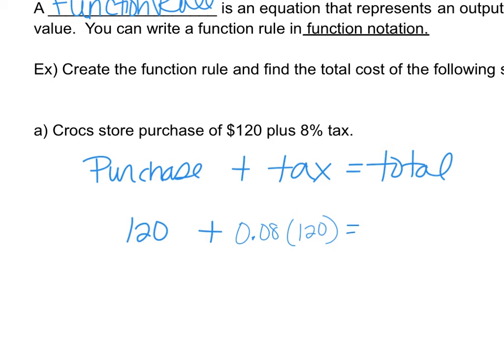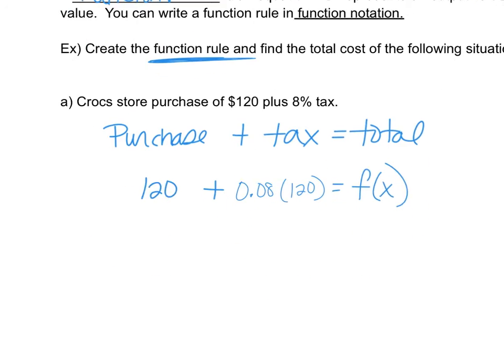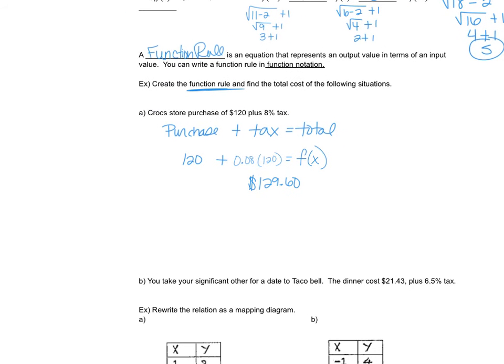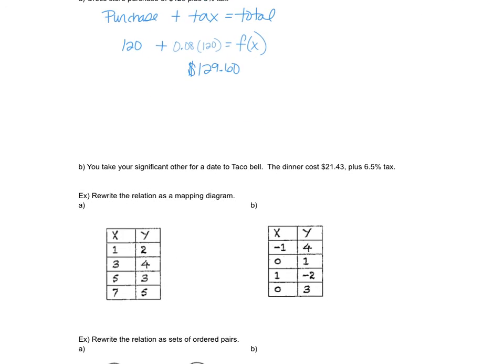So then it equals, since we're writing the function rule, I'm going to put f of x. Okay, so that's what they're wanting. So now actually just stick it in your calculator and let's see what we get. I just paused the video and I got $129.60. Okay, remember on these problems for money, always round to 2 decimal places.